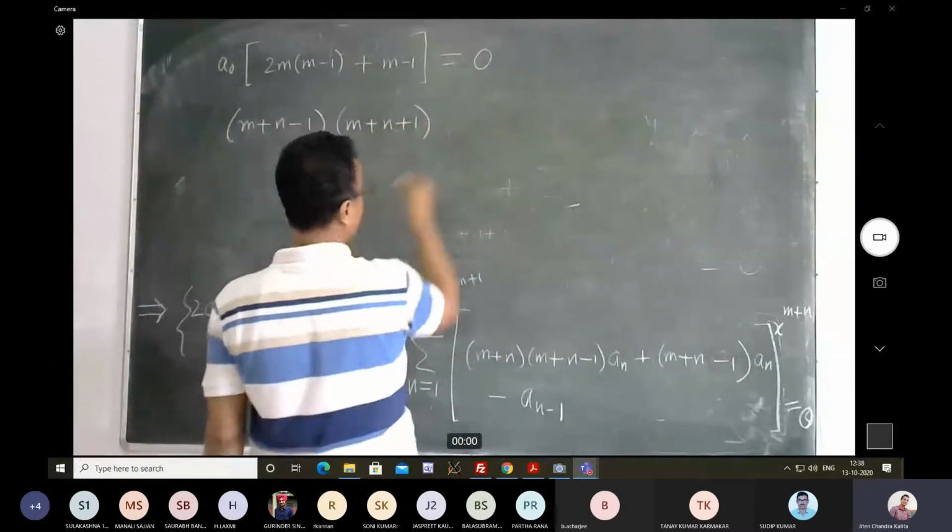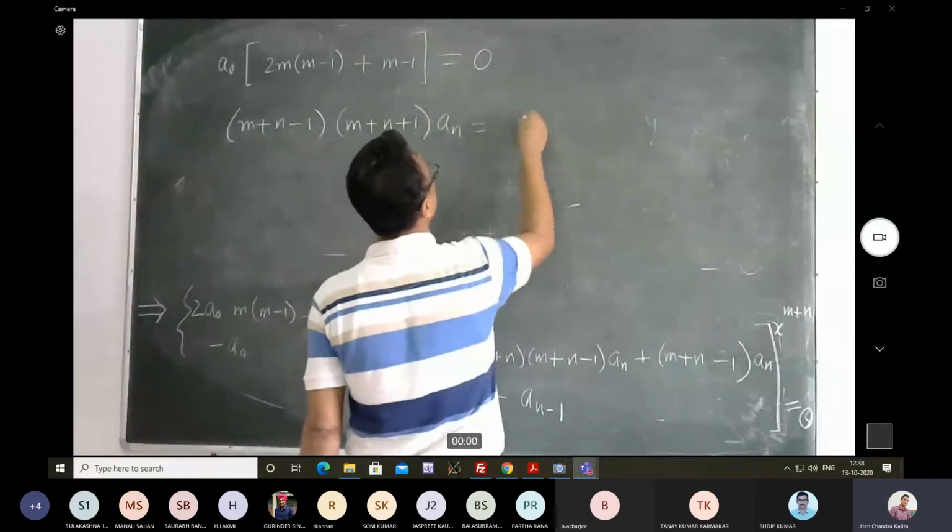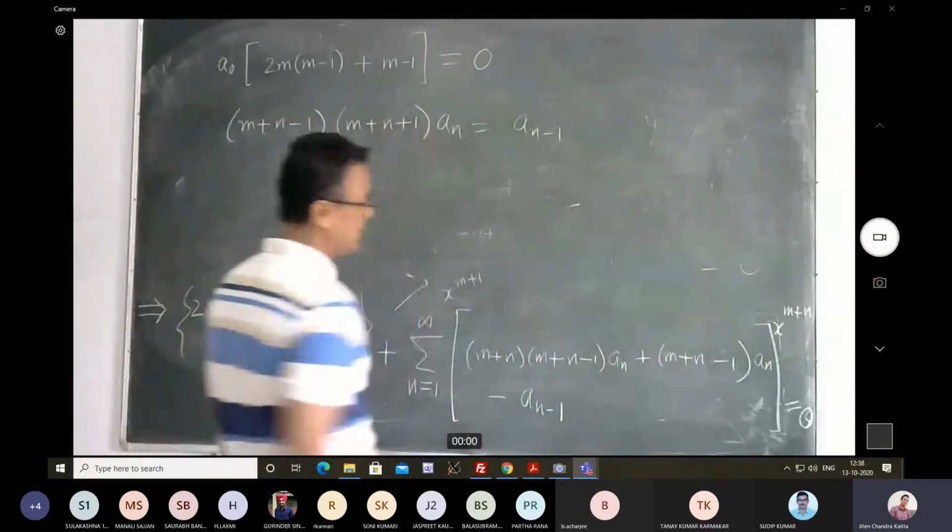Plus 1, then an, this is equal to a n minus 1.